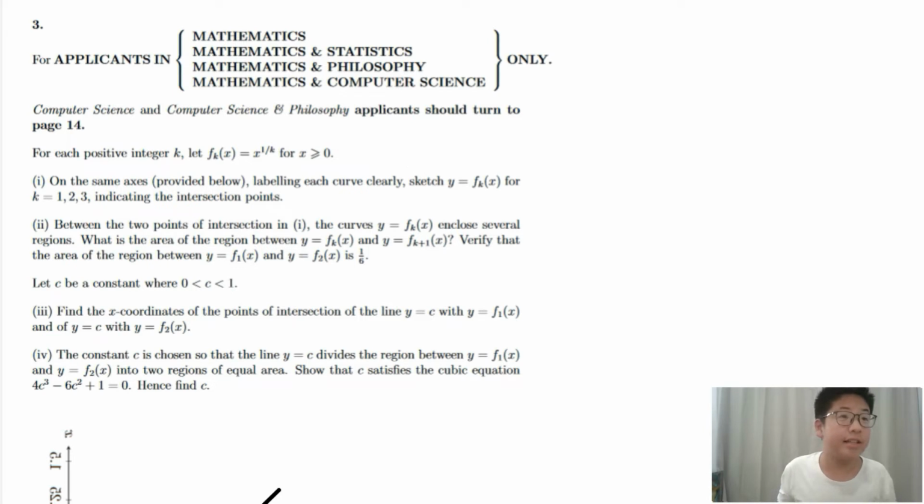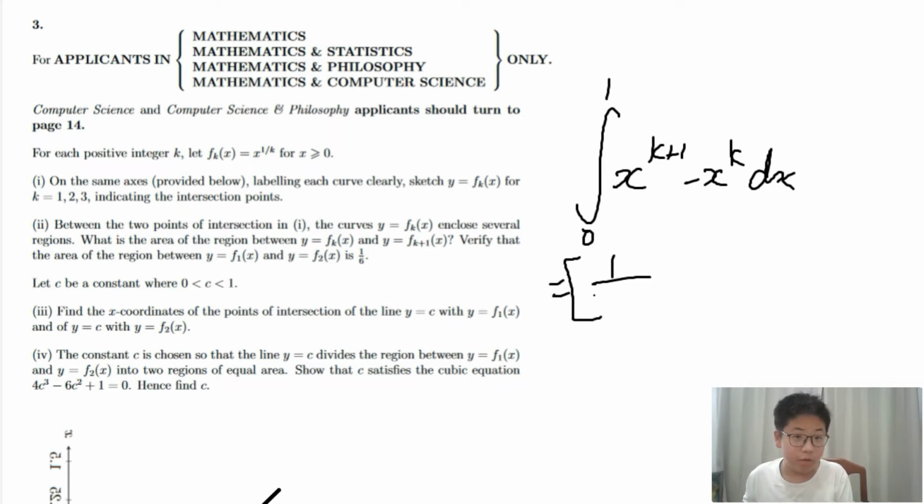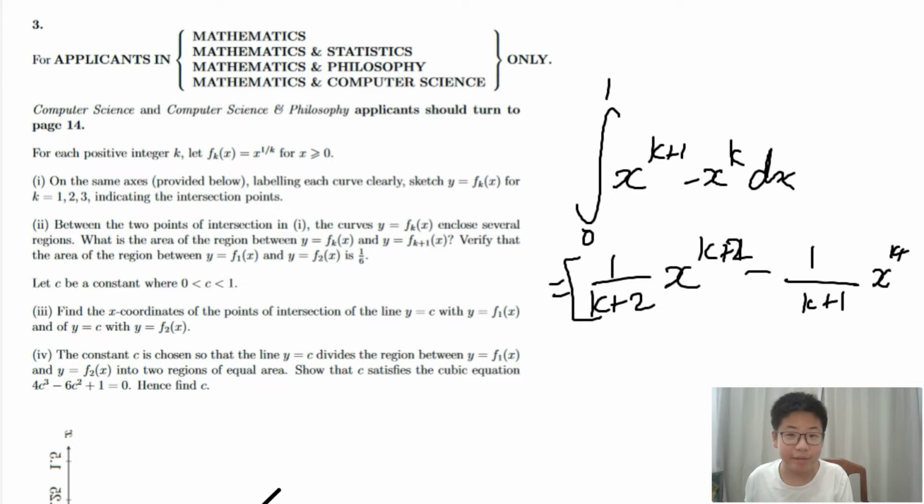This will make all your integrations easier. This means that the area between f_k and f_(k+1) is the same as the area between x^k and x^(k+1), that is, x^k minus x^(k+1). So we're now going to calculate that, and here we are going to see the power rule for integration: 1 over (k+2) x^(k+2) minus 1 over (k+1) x^(k+1).